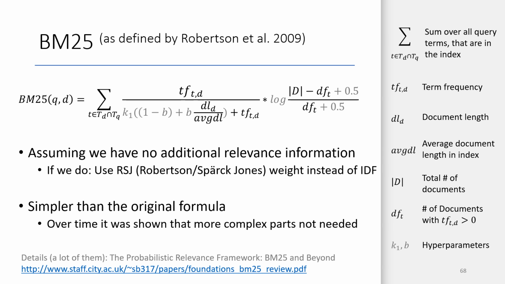If you want to know more about BM25 and also the origins and probabilistic theories behind it, there is a great overview paper with a lot of details linked here.